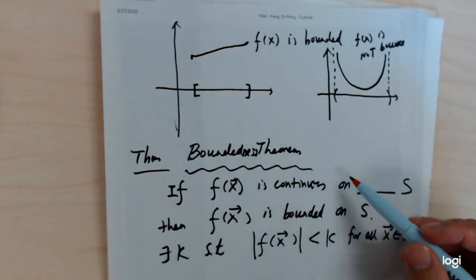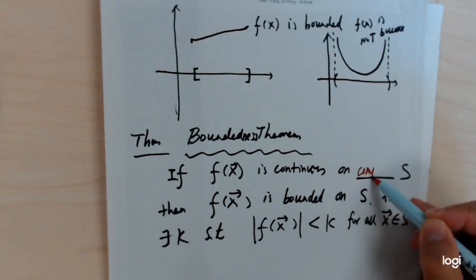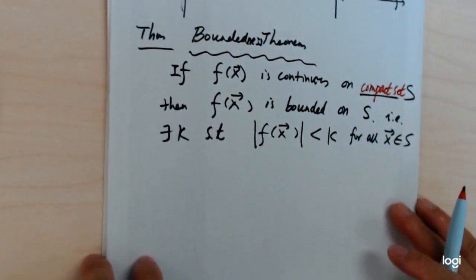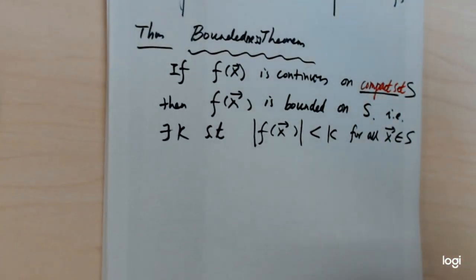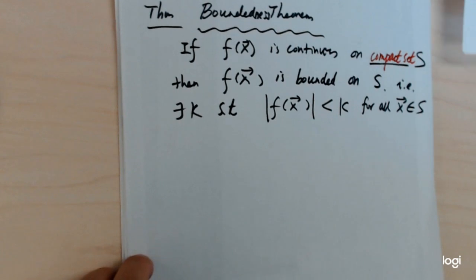And so it turns out I need the set S to be, well, compact. Any continuous function on a compact set will be bounded.